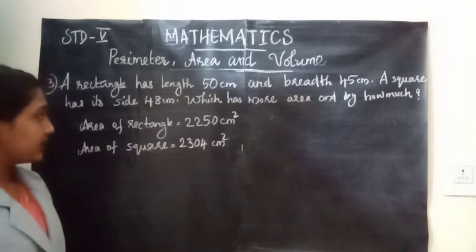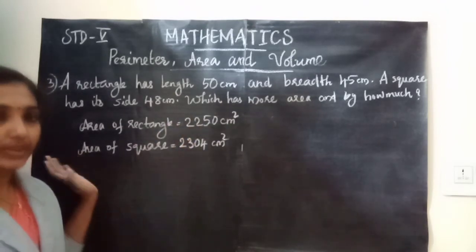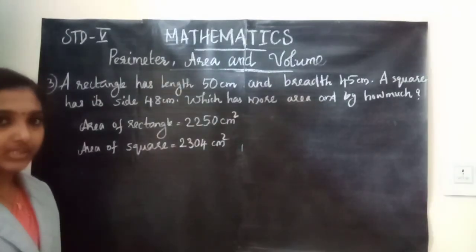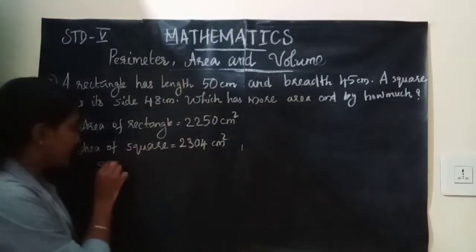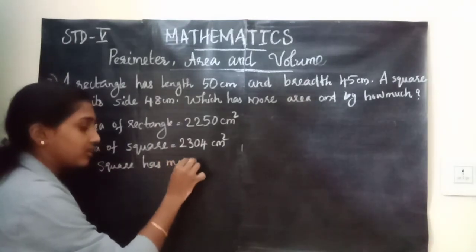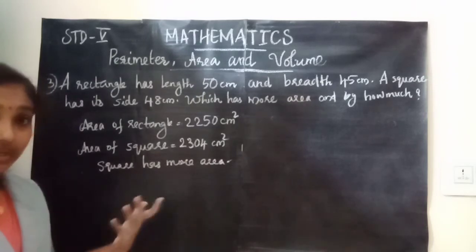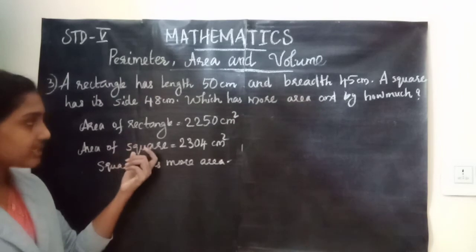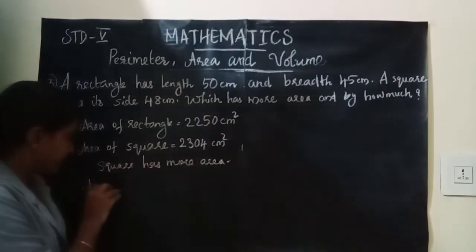Okay, so here we got the area of the rectangle as 2250 centimeter square and the area of the square as 2304 centimeter square. So which is greater? Square is greater. So we can say that square has more area. And by how much? To find that, we have to subtract the area of the rectangle from the area of the square.